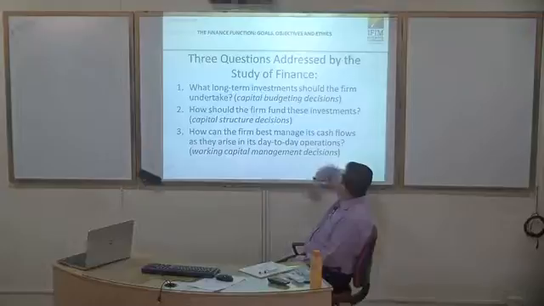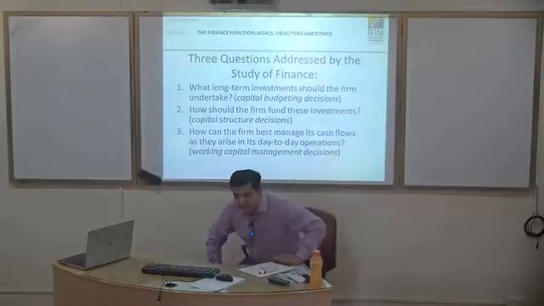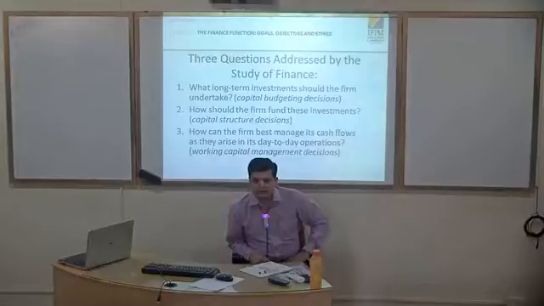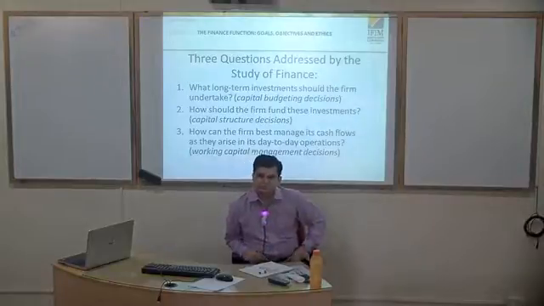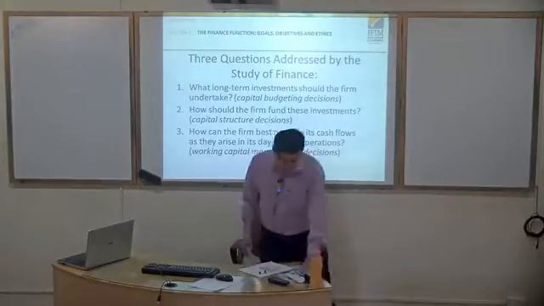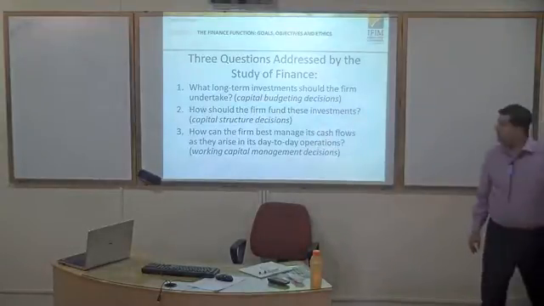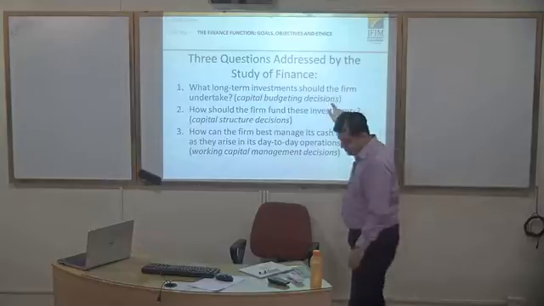What do we mean by capital budgeting decisions? These are the long-term investments that a firm should undertake. Say you have a business and you have to decide what long-term investments my company has to make. Those kinds of decisions are called capital budgeting decisions.